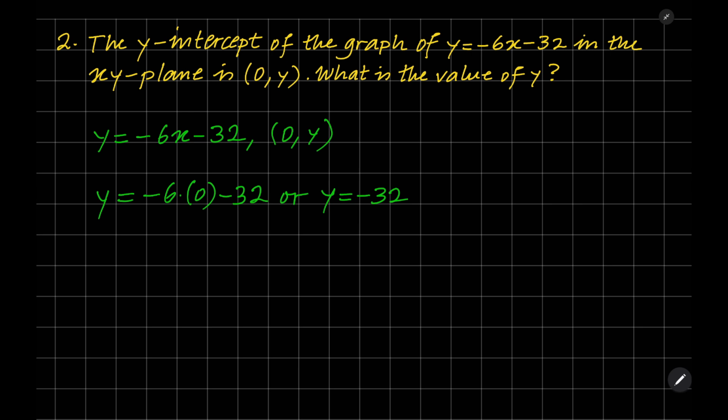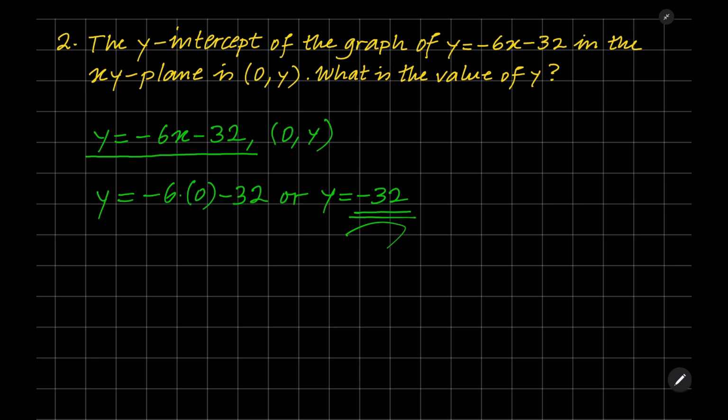Therefore, the value of y that corresponds to the y-intercept of the graph of y equal to negative 6x minus 32 in the xy-plane is negative 32. That's the answer.